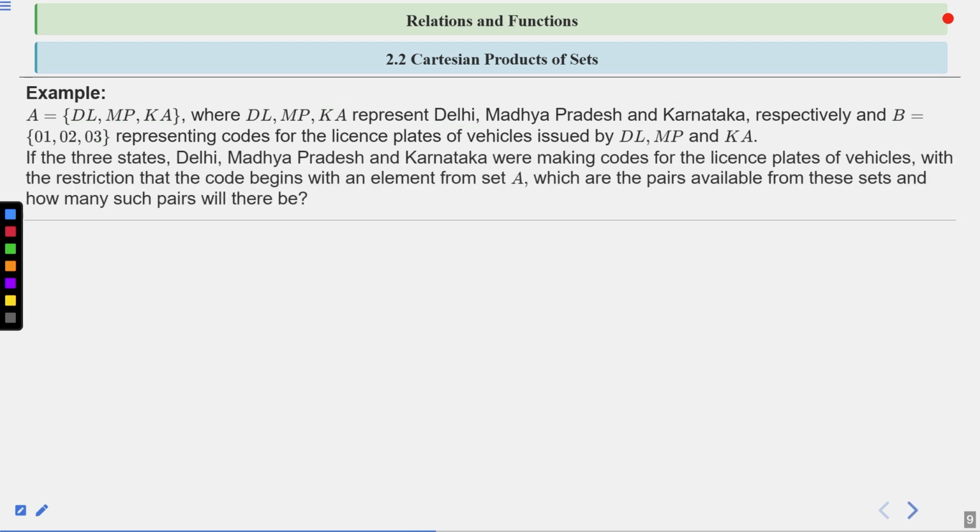Now, if the three states Delhi, Madhya Pradesh and Karnataka were making codes for the license plates of vehicles with the restriction that the code begins with an element from set A, which are the pairs available from these sets and how many such pairs will there be? A simple example.